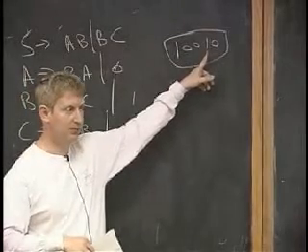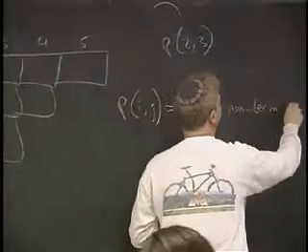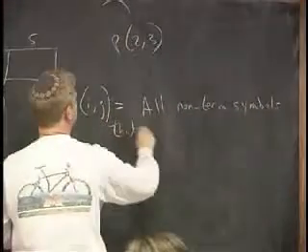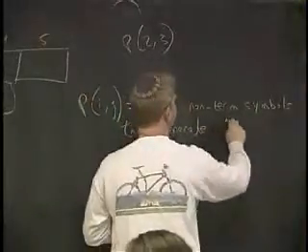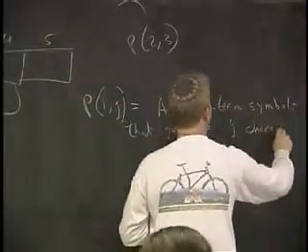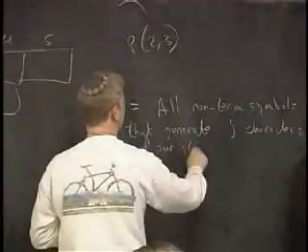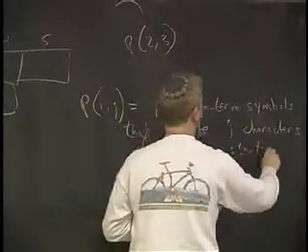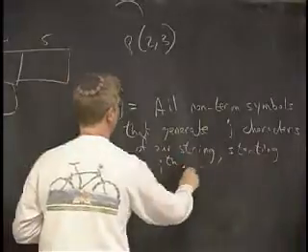Did everybody get that example? I'm going to write that out. So Pij is all the non-terminal symbols that generate j characters of our string starting at the ith character.